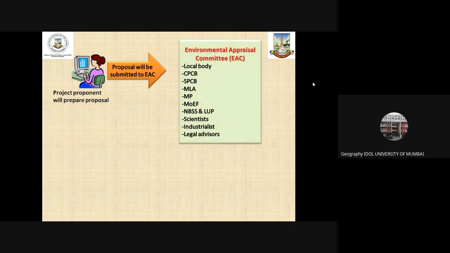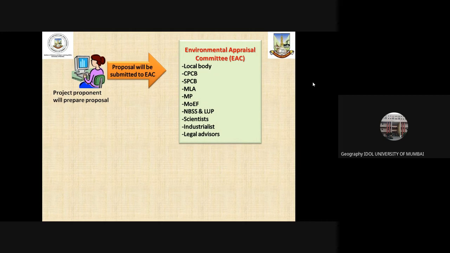This proposal will be submitted to a committee called the Environmental Advisory Committee, EAC. There will be various members from various organizations in the EAC who will decide whether this proposal should be sanctioned or not.